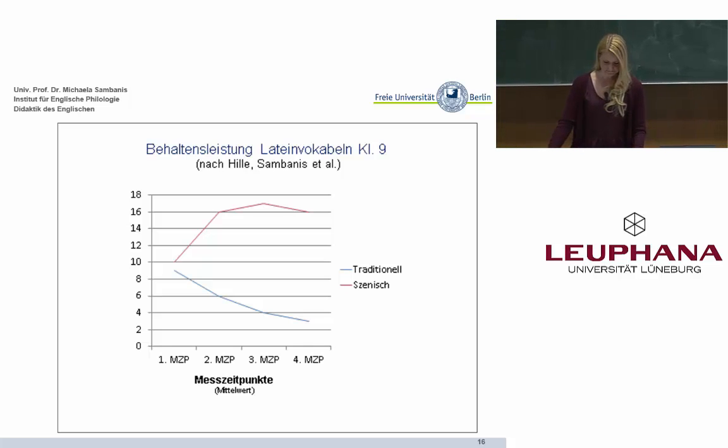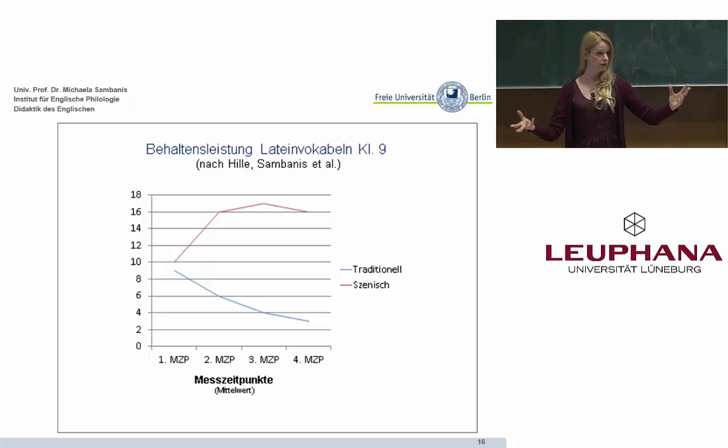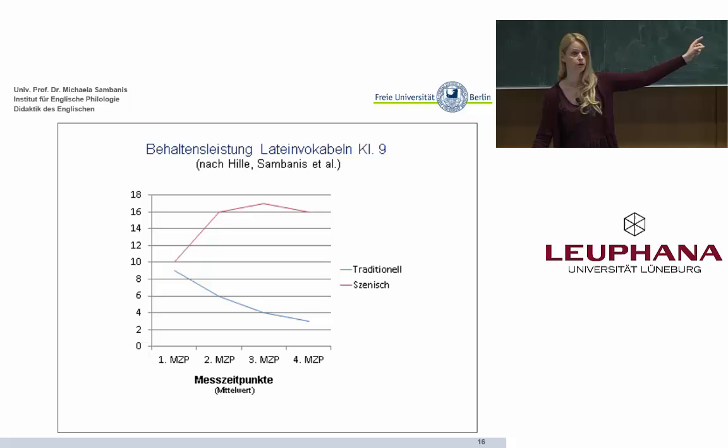So this was kind of miracle learning without training, or what? And then, as you can see, the results remained stable on a very high level for the movement group.